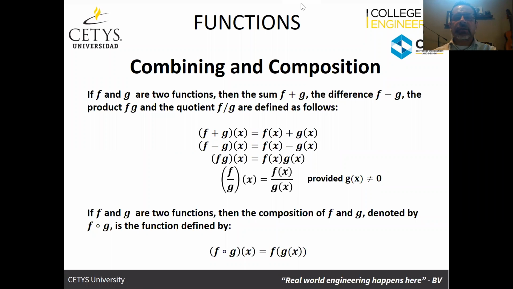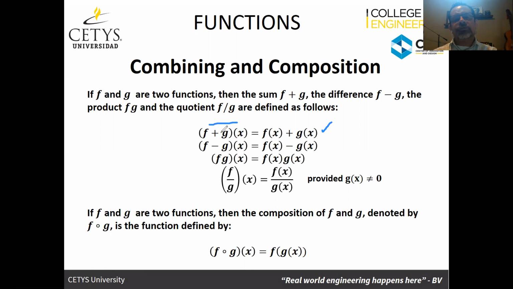We've got the basic operations here. For the addition, or adding 2 functions, we're going to directly add them, okay? So I've got function 1 and function 2, I'm just going to add them. The same thing happens for the subtraction.